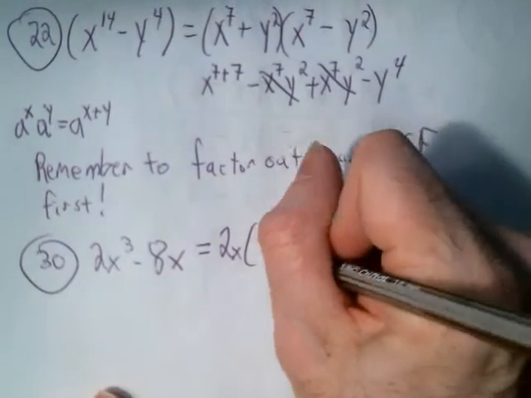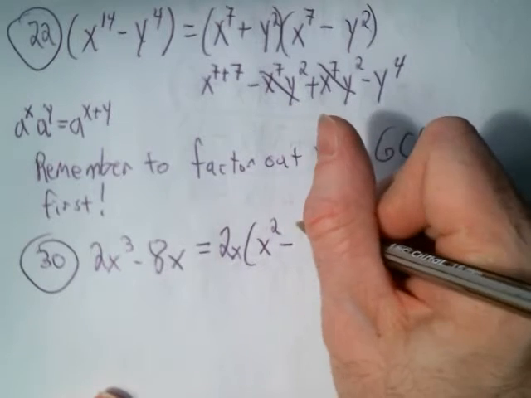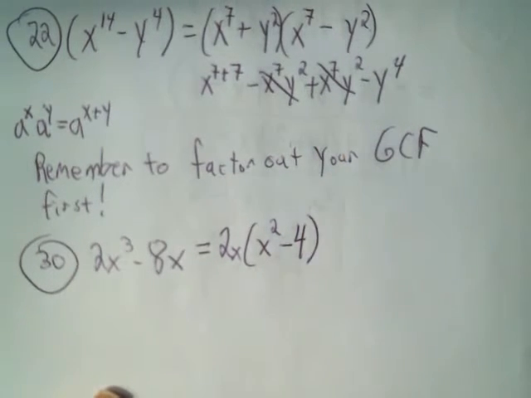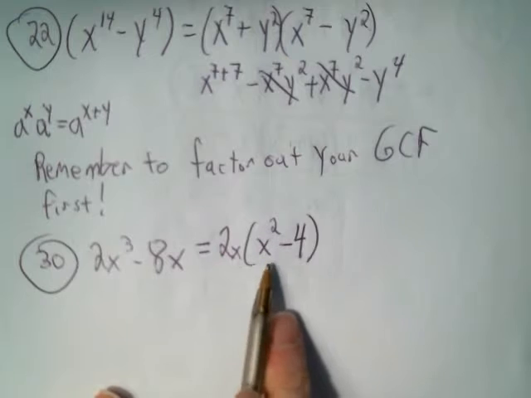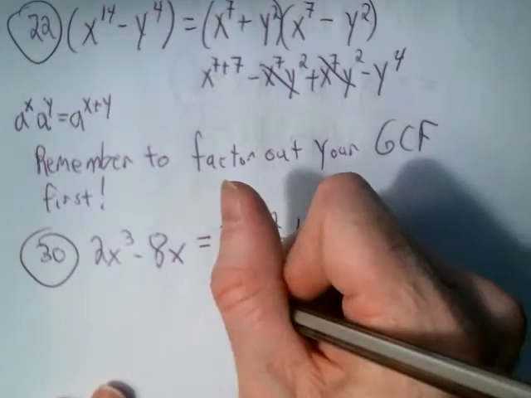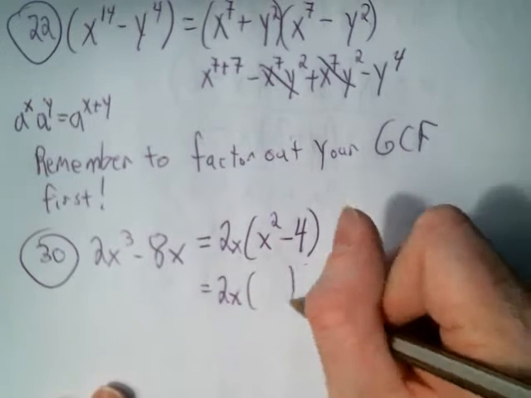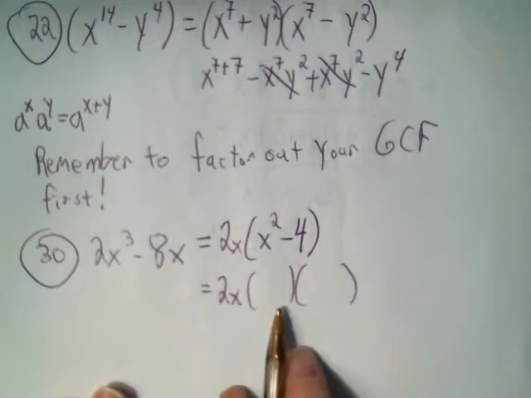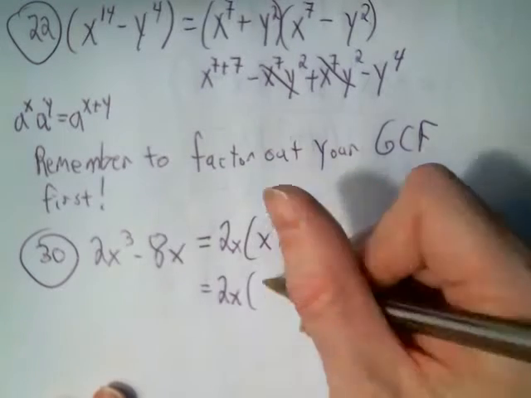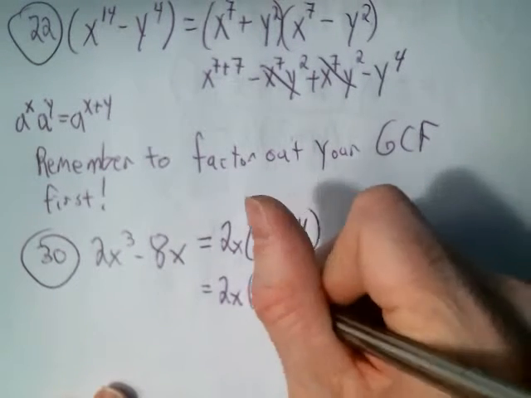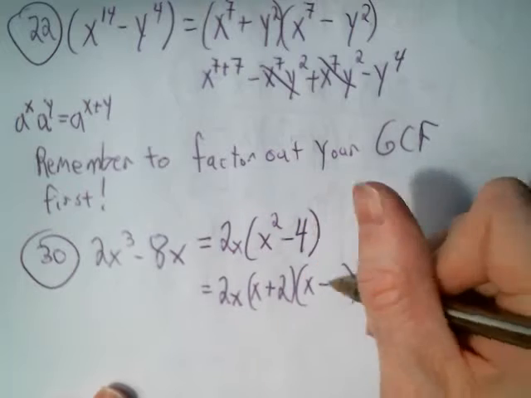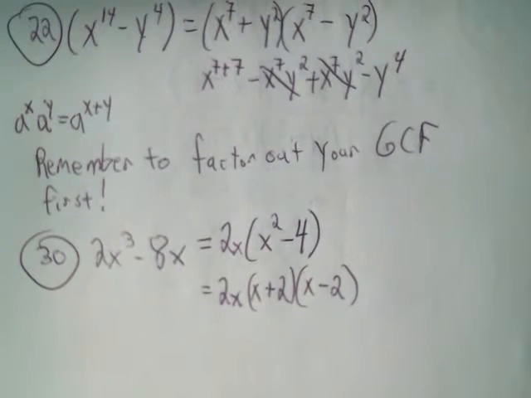We're left with x squared and then minus 4. And then we could factor this part because it's a difference of squares. So don't forget the 2x. It still comes along for the ride. And then we're writing up our parentheses. Has to be plus and minus. And then x, 2, 2. And we should be good to go.